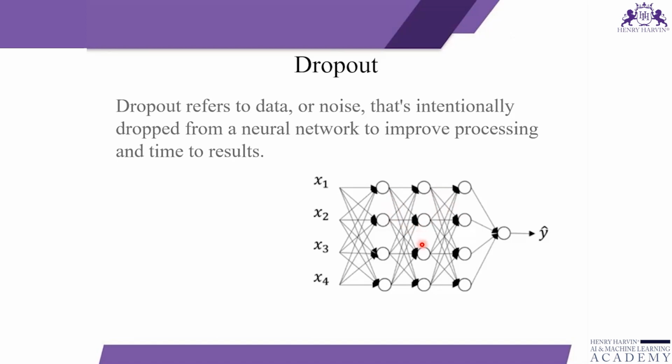For the first two layers, say we have a probability of 0.5, and for the third one 0.75. Let's say it's just an example.